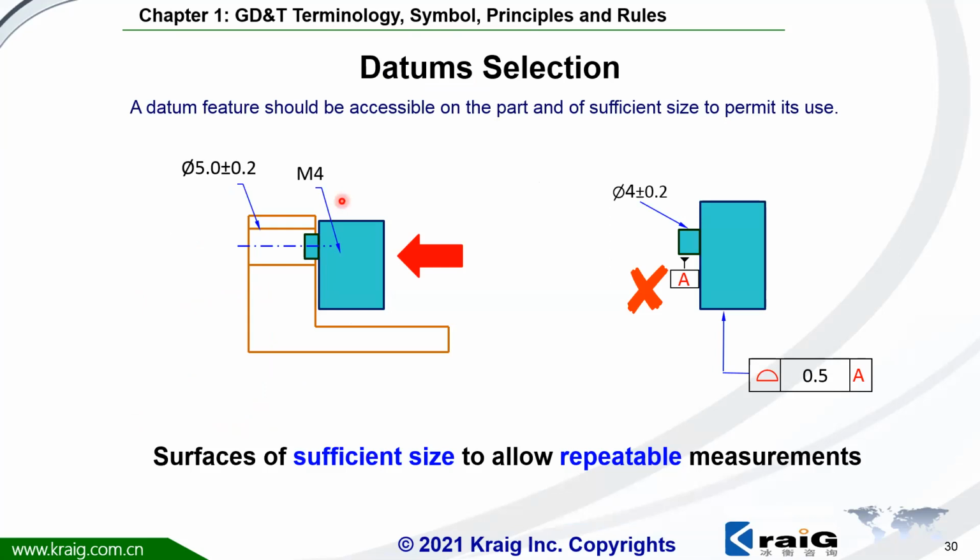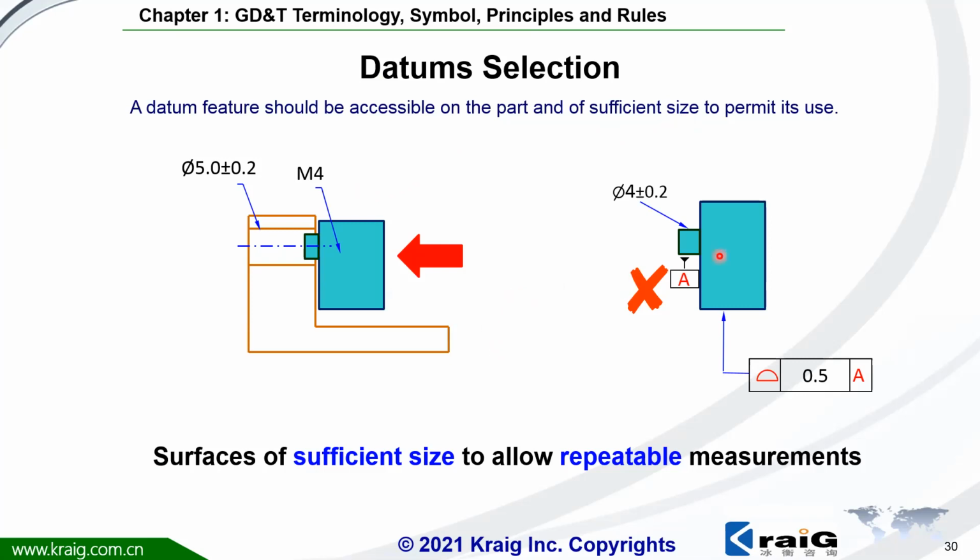As we mentioned before, the datum feature to be selected supposed to have a sufficient size or length. Here is one example to explain why.